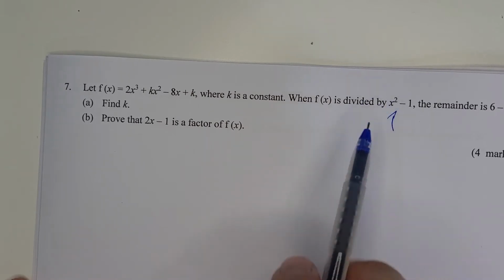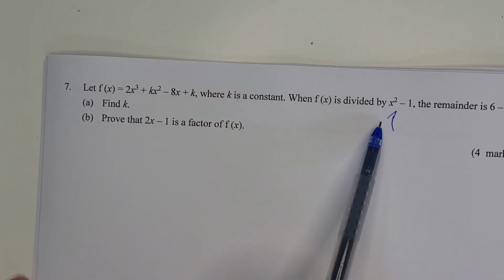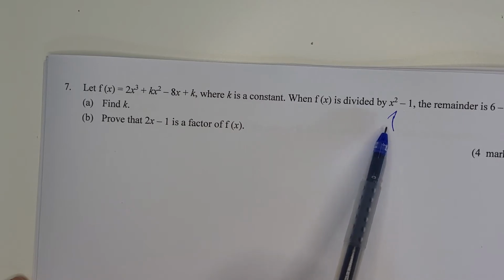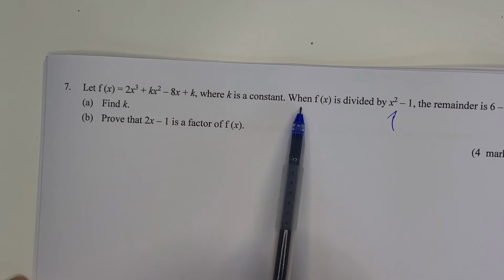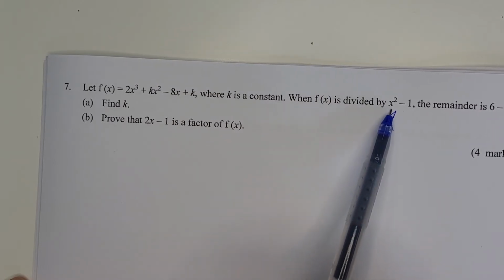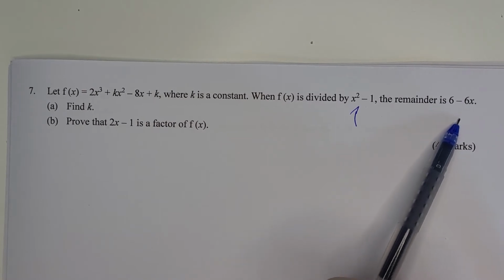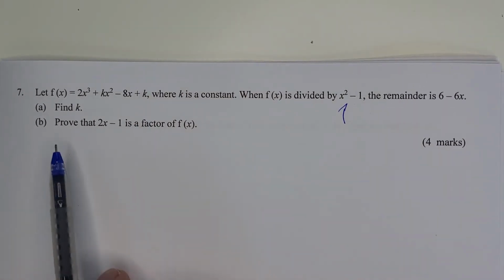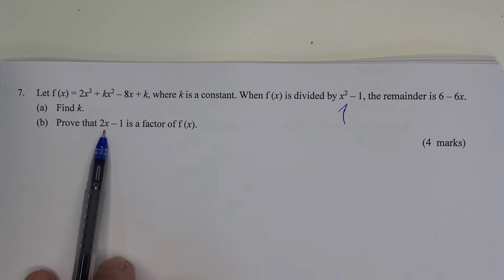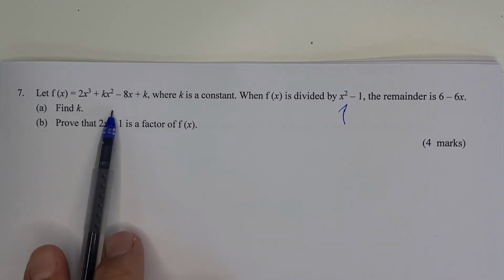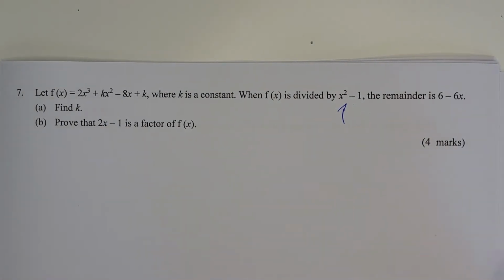I repeat, if the divisor is a quadratic expression, you cannot apply remainder theorem. Okay, so go back to the question. When f(x) is divided by x squared minus 1, the remainder is 6 minus 6x. Part A, you need to find the value of k. Part B, you need to prove that 2x minus 1 is a factor of this function f(x).